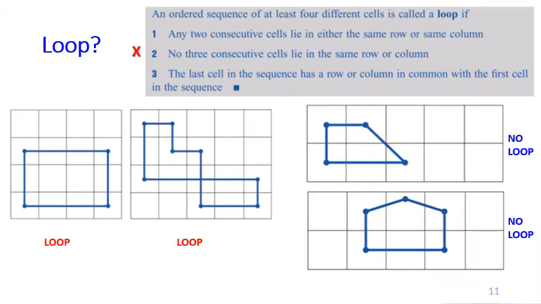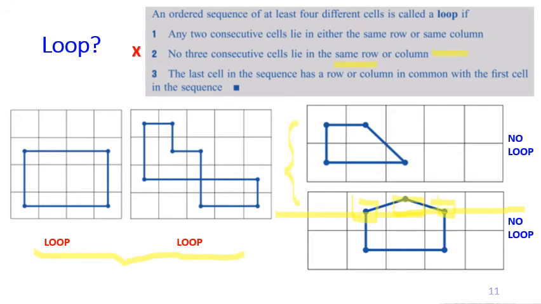The last example here is also not a loop because you can see this cell and that cell lie in the same row, which is the first row here. So this does not contain a loop because it violates the second requirement for being a loop.